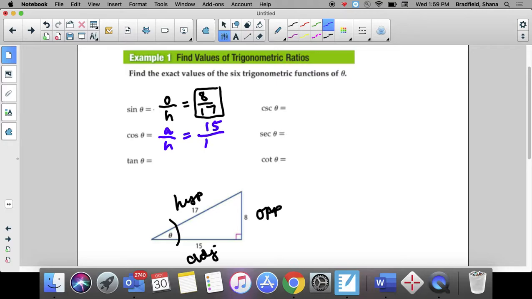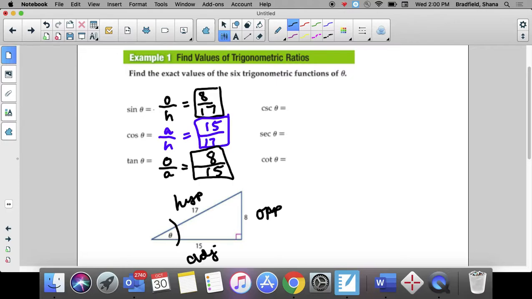The hypotenuse is 17, so we get 15/17. And tangent theta is opposite over adjacent. The opposite side to theta is 8. The adjacent side is 15, so we have 8/15. If we get some fractions and they can be reduced, we should go ahead and reduce those.